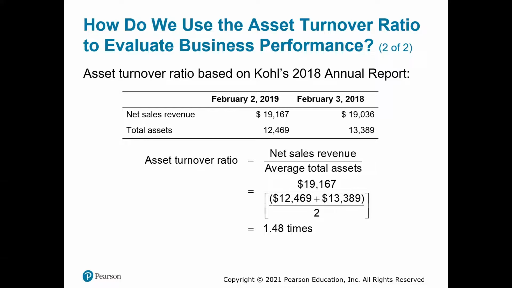So Kohl's is producing $1.48 of net sales revenue for each $1 of assets invested, while the average company in that type of industry is producing $1.90 in net sales revenue for every dollar invested in assets. So Kohl's should evaluate ways to improve its efficiency and also increase its asset turnover ratio, such as increasing net sales revenue or decreasing average total assets.